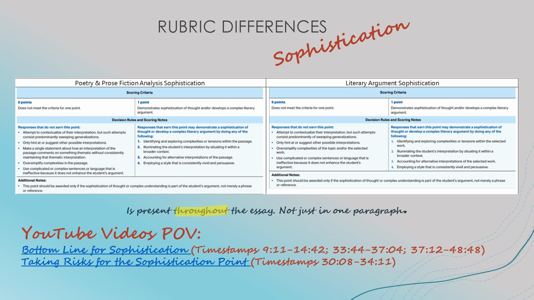Support your sophistication by noting the literary devices used in the passage. Make sure you are referencing the specific sentences or word phrases from the actual poem or passage of your prose and literary argument. Now, note I said actual. There's a little gray area when it comes to your literary argument essay.